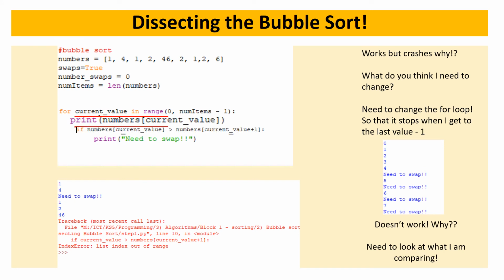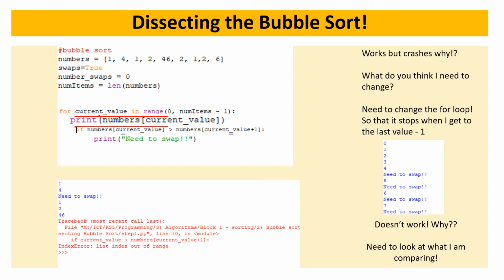So I've fixed that. So I've changed it to print numbers current value. So actually printing out the correct values there just to check that's working. But now it's crashing and I don't understand why. Why do you think that is?